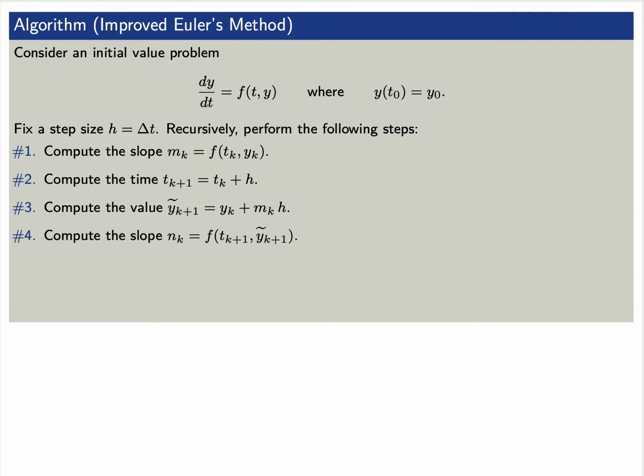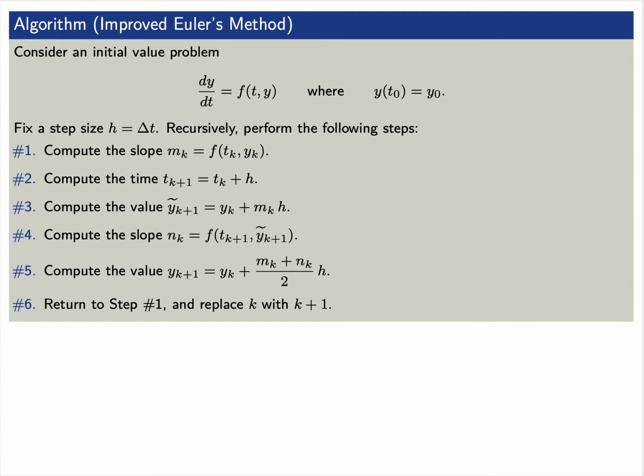Number 4, compute a new slope n_k, which is f evaluated at t_{k+1}, y tilde_{k+1}. Number 5, compute the value y_{k+1}, which is y_k plus the ratio (m_k plus n_k) over 2 times h. And last step, return back to step number 1 and replace k with k plus 1.